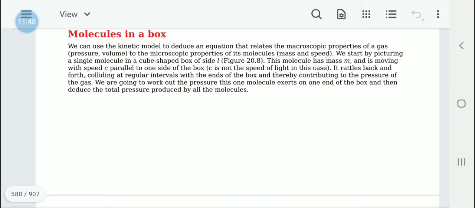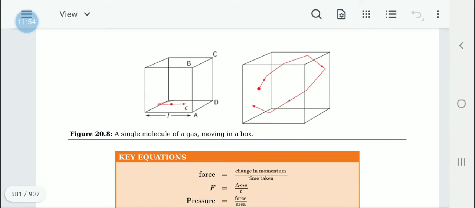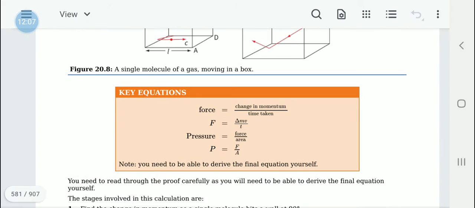This is the relationship that we are trying to prove. As you can see here, there is a single molecule moving inside a box of side length L, colliding, and it has a speed of c.